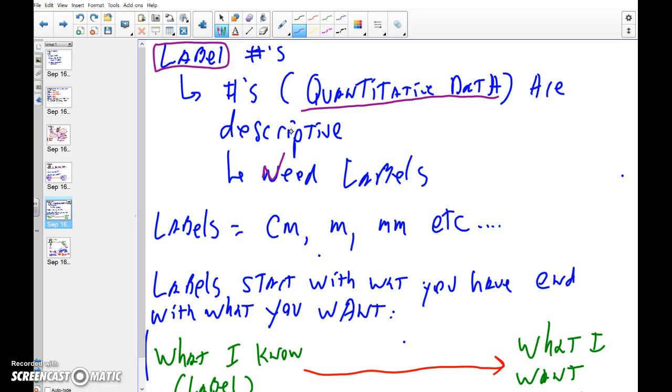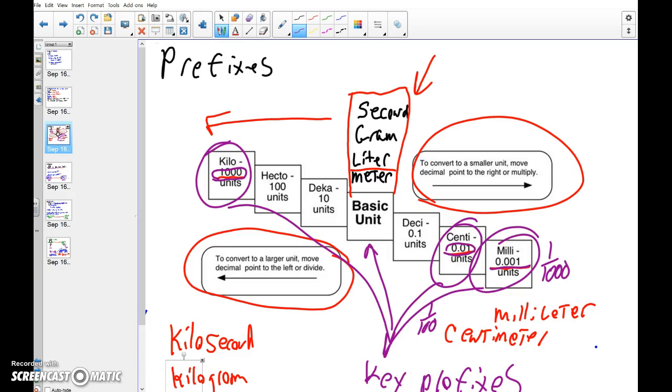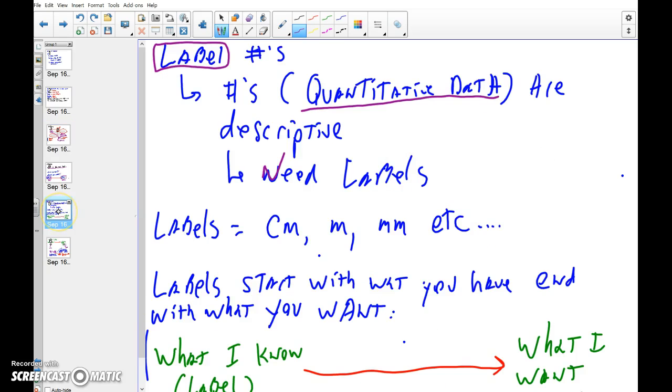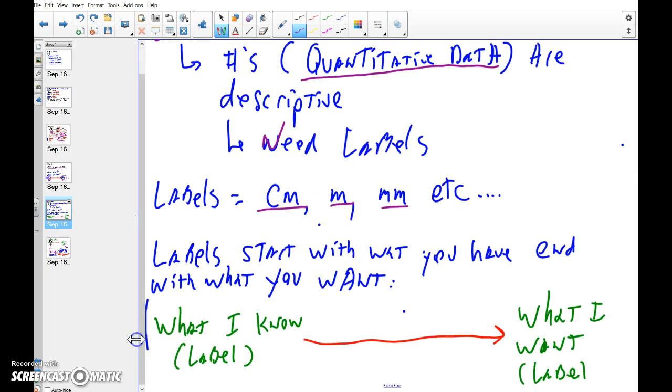And these labels are simply these: kiloliter, hectogram, decasecond, decimeter, centimeter, milliliter. Those are the labels that I'm talking about. And you can see that here: centimeter, meter, millimeter. So anytime you write down a number that is a measurement in chemistry, you should always be labeling that number.